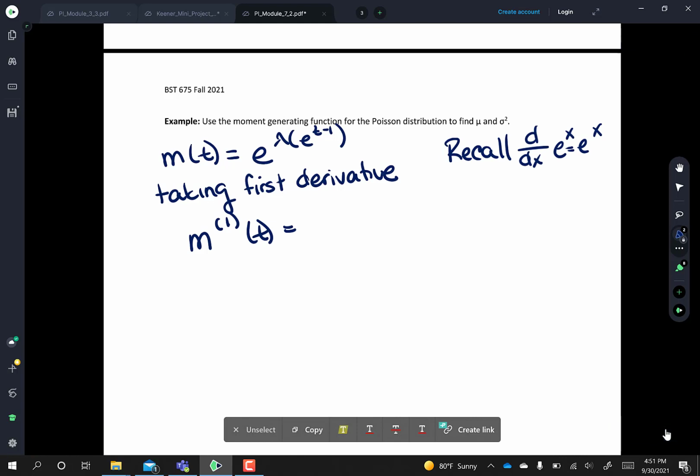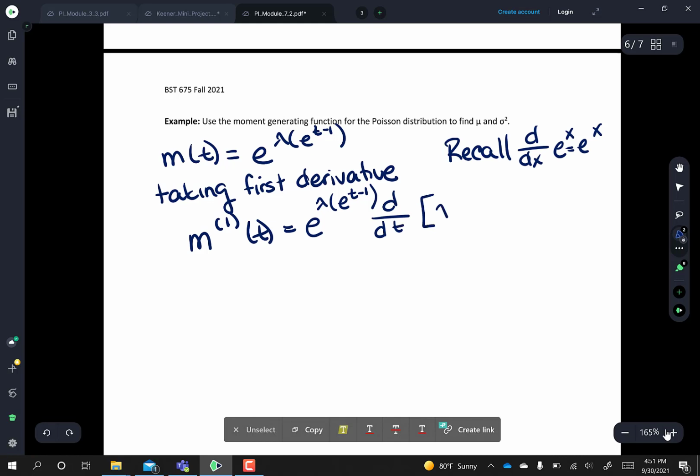So if we're going to take the derivative here, notice that the first thing we're going to have is e to the lambda (e to the t minus 1), and then multiply that by d dt of lambda (e to the t minus 1), which is equal to e to the lambda (e to the t minus 1) times lambda e to the t.